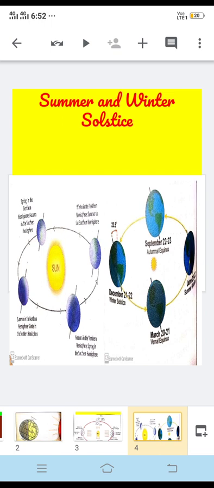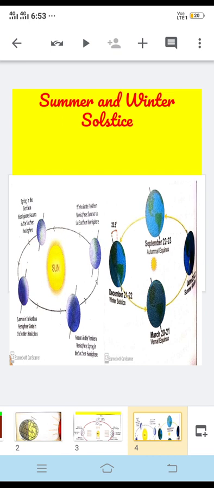On 21st March and 23rd September, the direct rays of the sun fall on the equator.